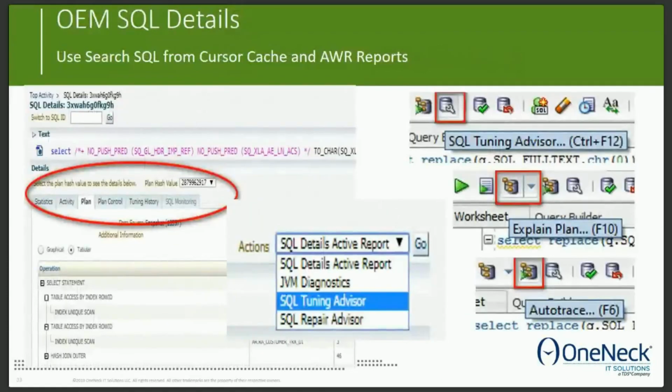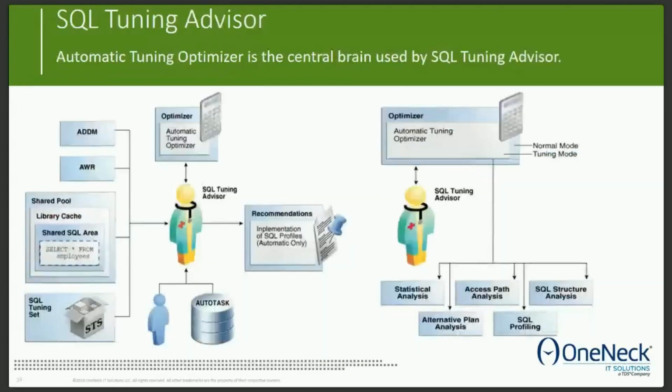All right, so now we got the SQL detail. You identified the problem SQL. If you are using SQL Developer or OEM, you can click on SQL Tuning Advisor. The Tuning Advisor is basically an optimizer feature and provides you information on improvements.